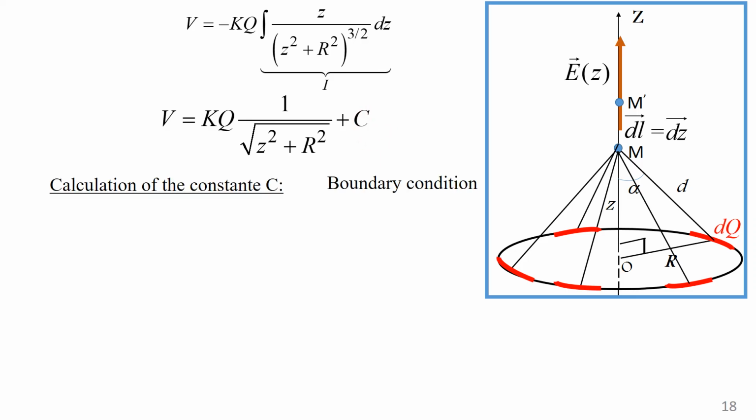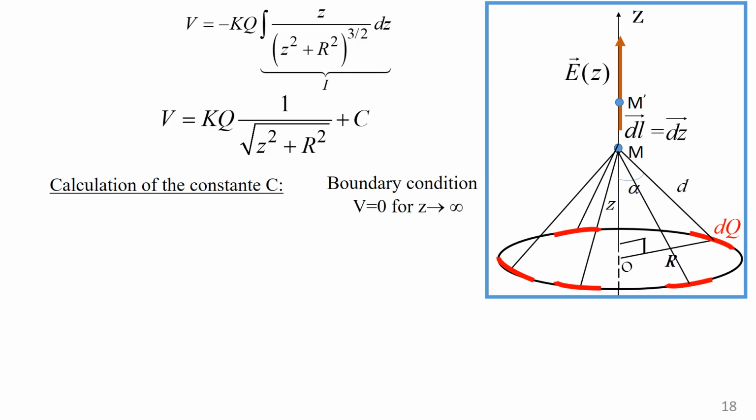Now our problem is the determination of the constant c. This constant c is determined by the boundary condition: V equals 0 for z equal to infinity. It means that the farther we go from the ring, the more the influence of the ring will decrease.